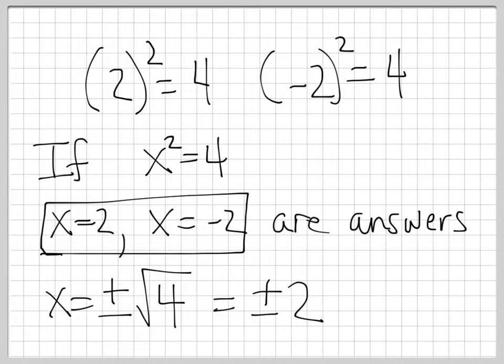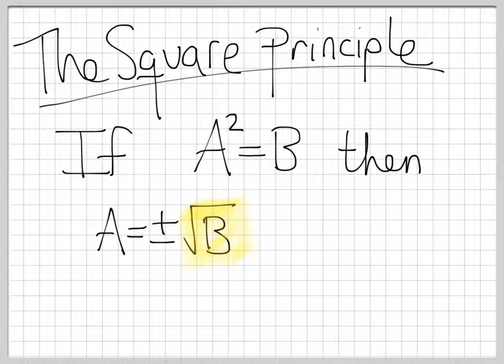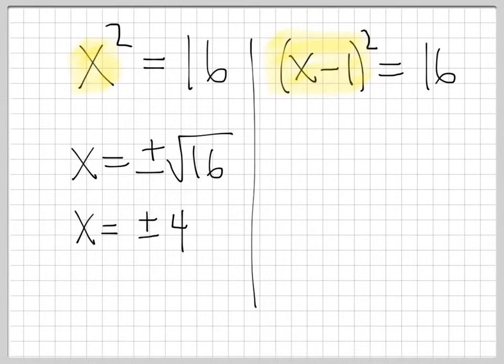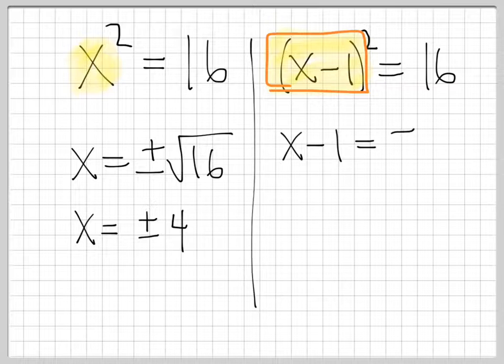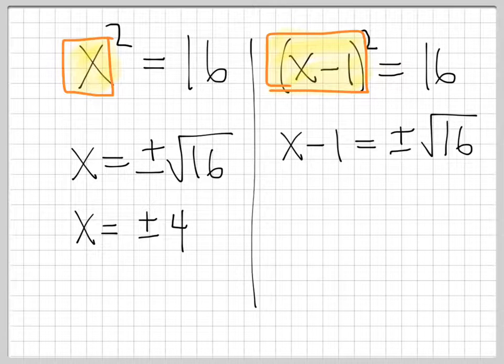But that shouldn't matter. The square principle says whenever you have something squared equaling b, then that something, whatever it is, has to equal plus or minus the square root of b. This box is what we're squaring. So that box, otherwise known as x minus 1, is going to equal plus or minus radical 16. So you can see here how we replaced x with x minus 1, and that's going to continue throughout the problem.